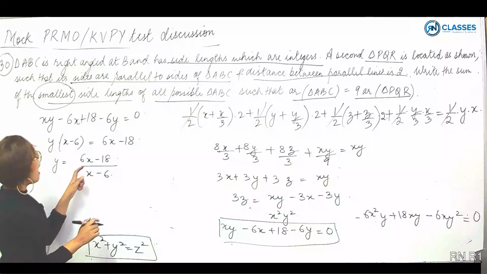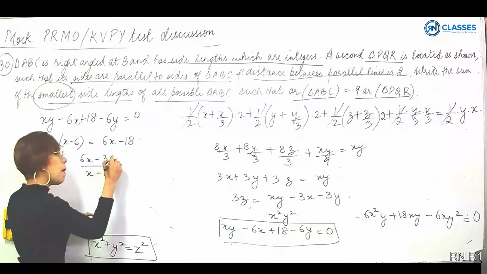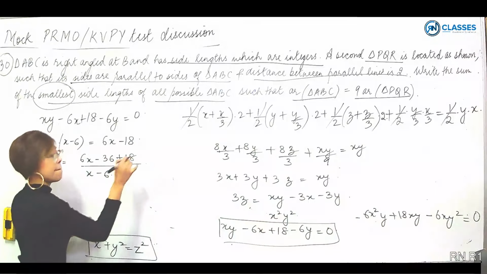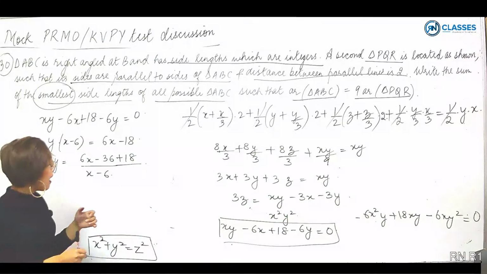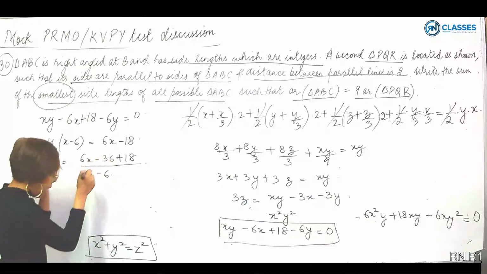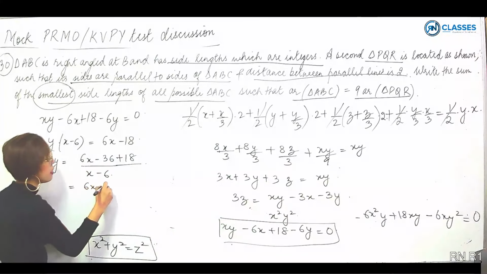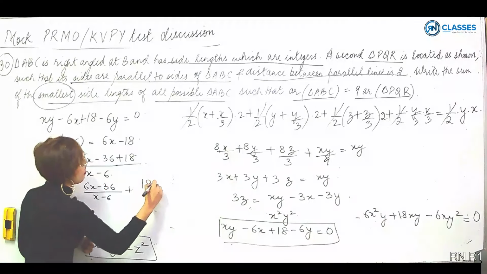What I'll do is, I will write 6x minus 18 as 6x minus 36 plus 18. Think about it, why I did that. Because x minus 6, here I have 6x minus 36. I will separate it out: 6x minus 36 by x minus 6 plus 18 divided by x minus 6.